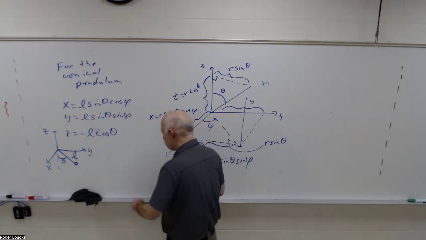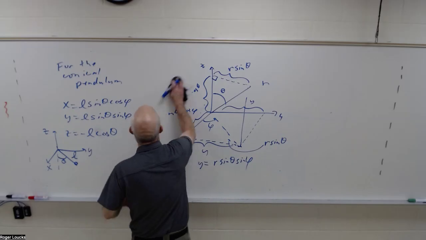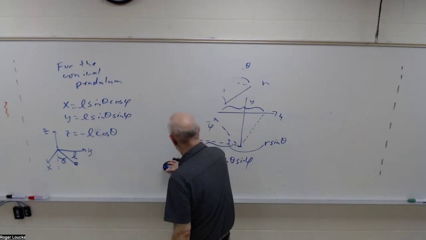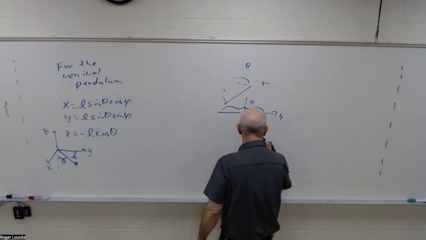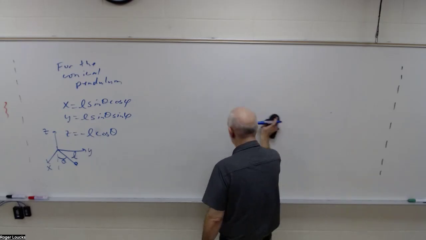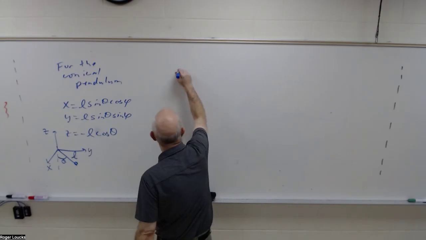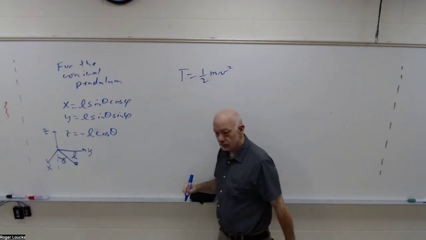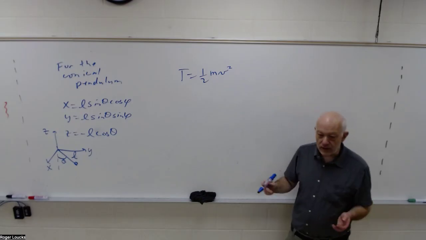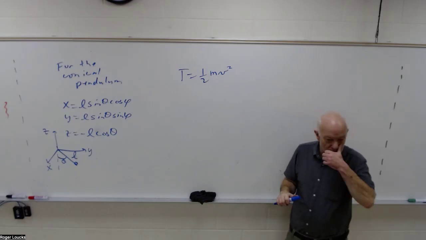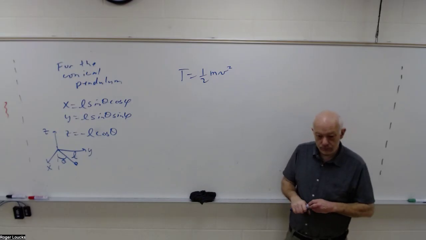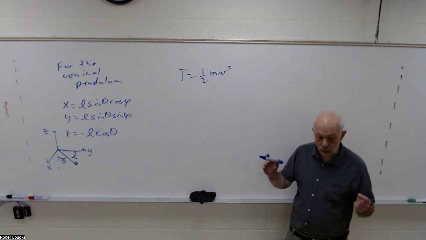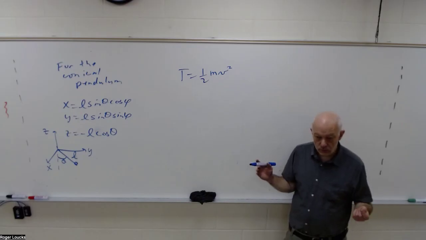So let's write the kinetic energy. Kinetic energy is 1/2 mv squared. Now, how can I write that kinetic energy? What can I say about v squared? When you write v squared, how do you always write it? Cartesian first.